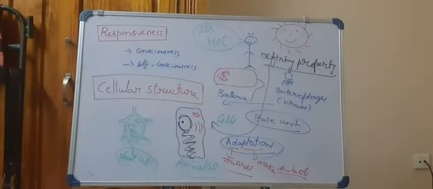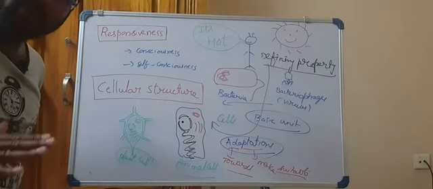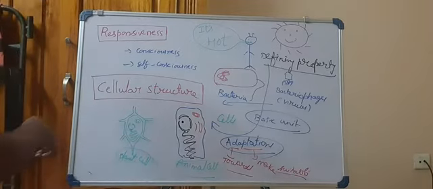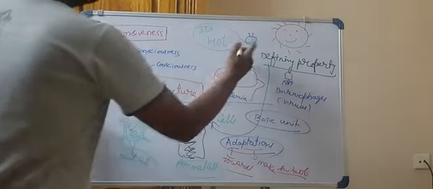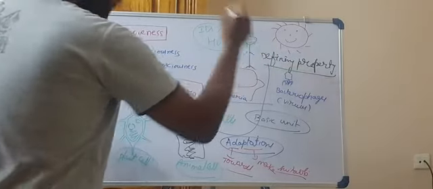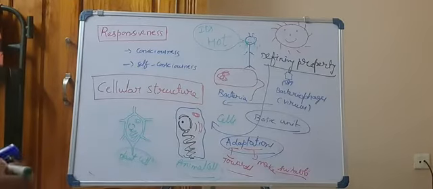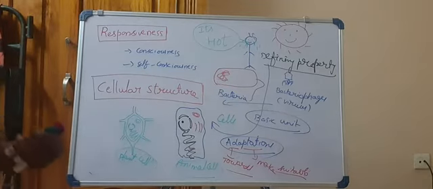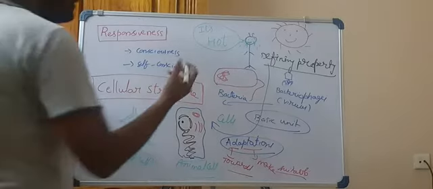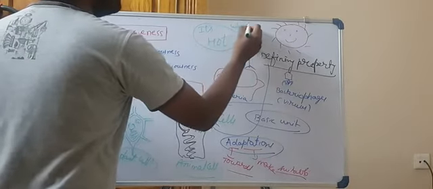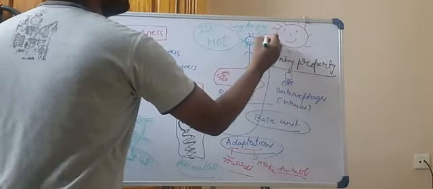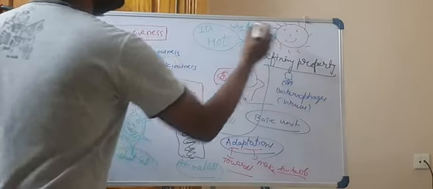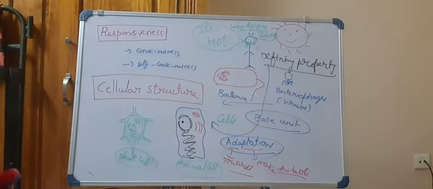So your body is there, for example, you're walking in sunlight. What happens? Your body will respond by sweating, right? And if you're walking in winter on the road without any proper woolen coat, you will shiver. Why do you shiver? Do you have any idea? Shivering is a kind of response by your body which tries to increase the body temperature.